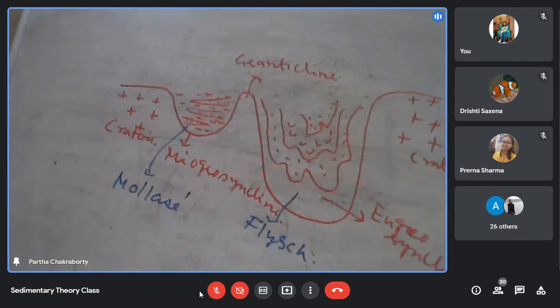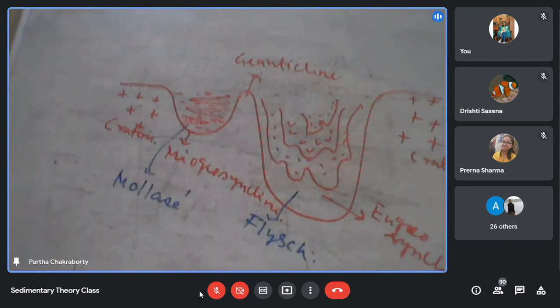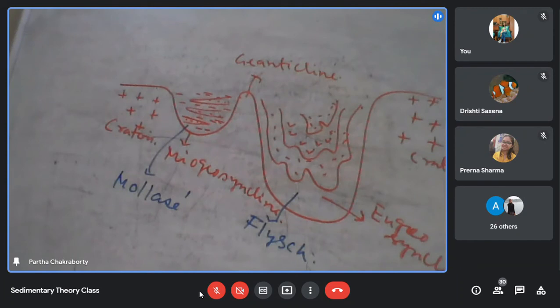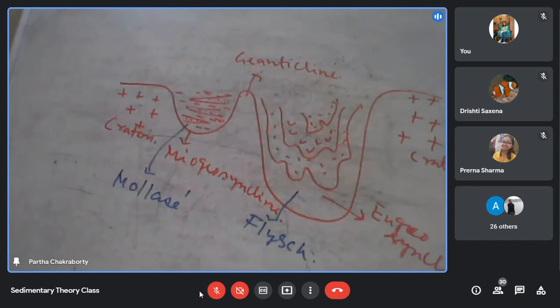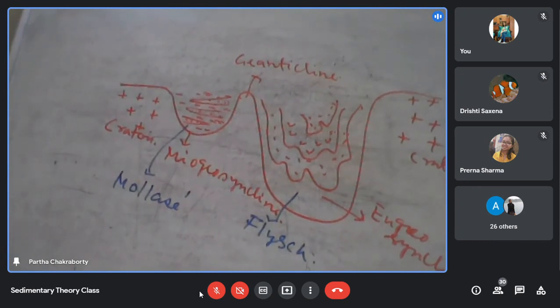The sediment formed in the eugeosyncline is called flysch deposits. They are turbidites, different kinds of mass flows, associated with volcanics, multi-deformed, metamorphosed. That kind of thing we call flysch sediment. Even now people refer to it in stratigraphy, for example the Andaman Flysch, named long back.